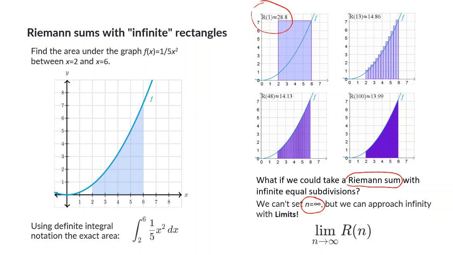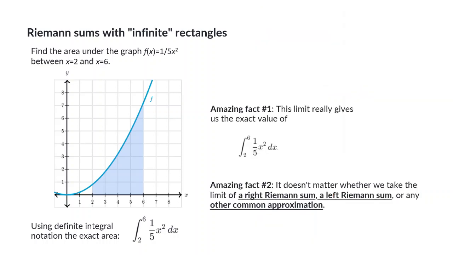We can approximate infinity by using the concept of limit you learned at the beginning of this module. So we can use the notation of limit as n approaches infinity of Riemann sums. This is quite an important fact.